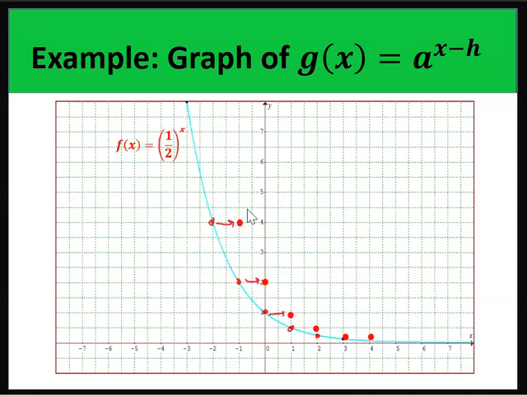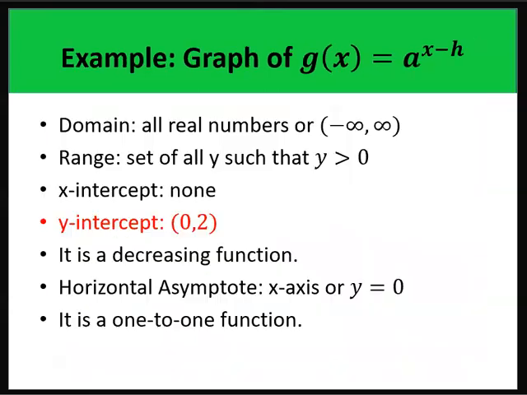So these resulting points are the points of the graph of g of x equals 1/2 raised to x minus 1. Again, some properties will change, in this case the y-intercept. The y-intercept here is (0, 2), and all the rest of the properties will be the same as in the basic exponential function.